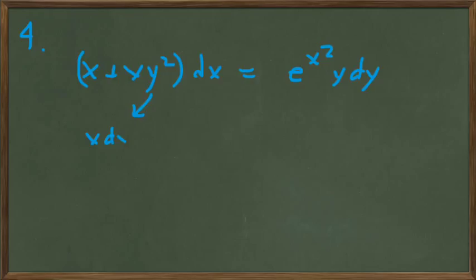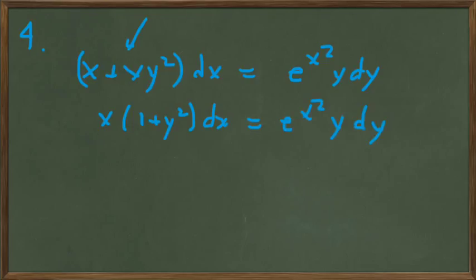So we've got x dx plus, actually let's not multiply it out. Let's factor an x out of this expression right here. So it's x times 1 plus y squared dx equals e to the x squared y dy.